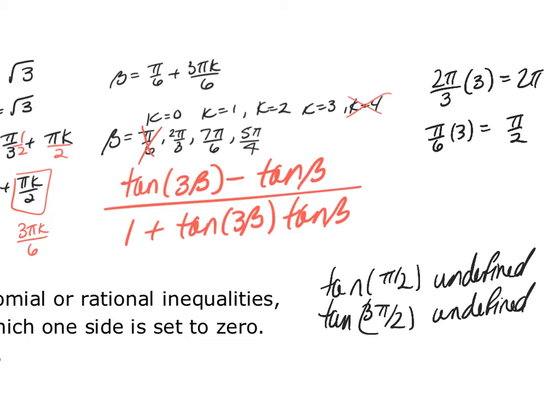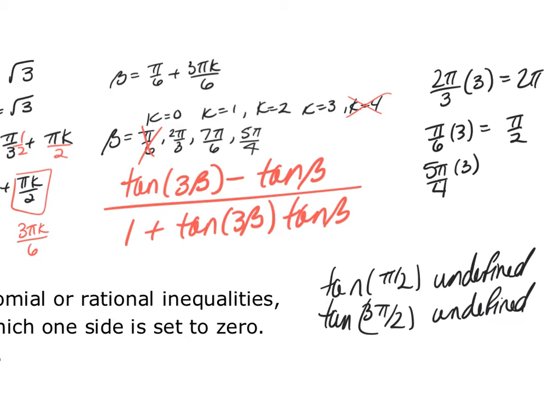What do you think my other one is going to be? Well, let's try it. So 5 pi over 4 multiplied by 3, is that going to give me a multiple of pi over 2 or 3 pi over 2?